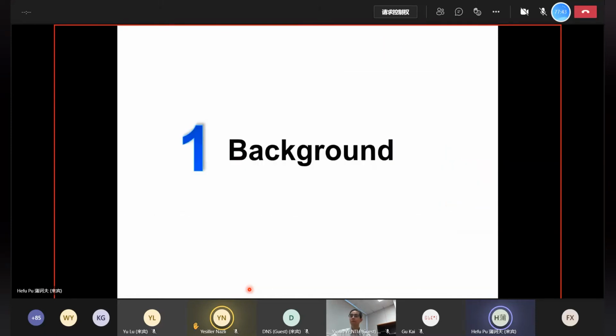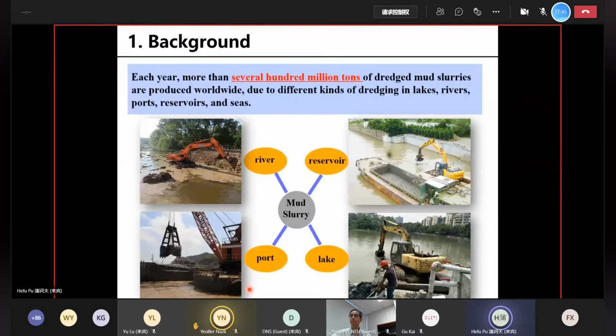So first, some background. Each year, a huge volume of dredged mud slurries are produced worldwide due to different kinds of dredgings in aquatic environments, for example, in lakes or in rivers, in ports, in reservoirs, and in seas. It is estimated that about several 100 million tons of such slurries are produced each year.